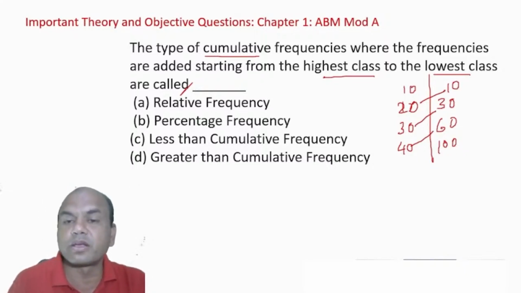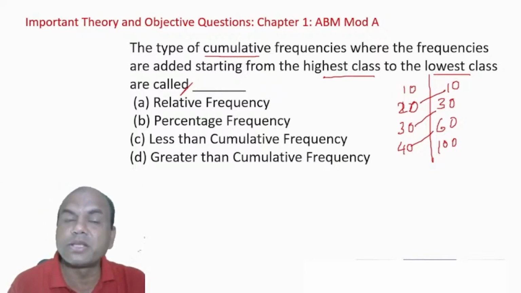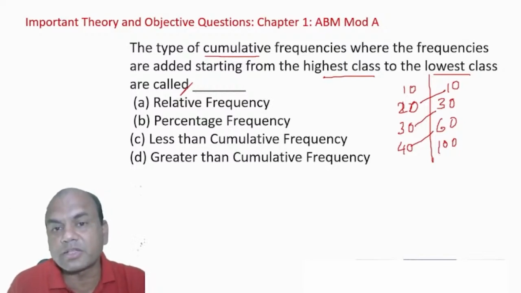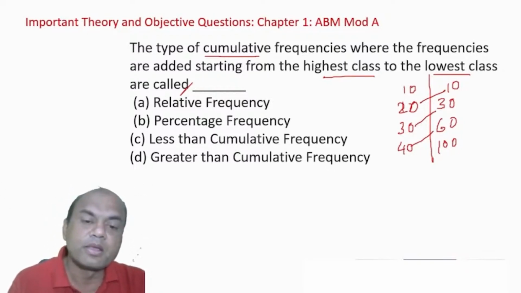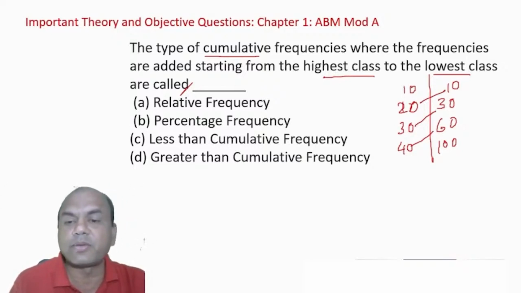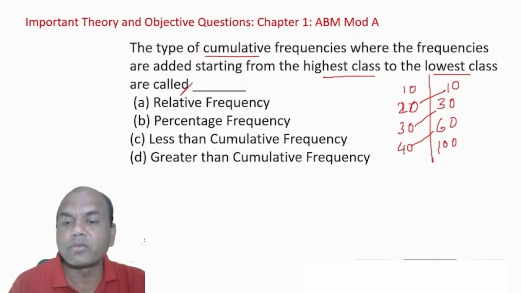The question is, when the frequencies are added from the highest class to the lowest class. Highest to the lowest means what? What do you mean by the class? Let's say I'm having these numbers only, 10, 20, 30, 40. Now what will I do? I'll divide these numbers in classes.